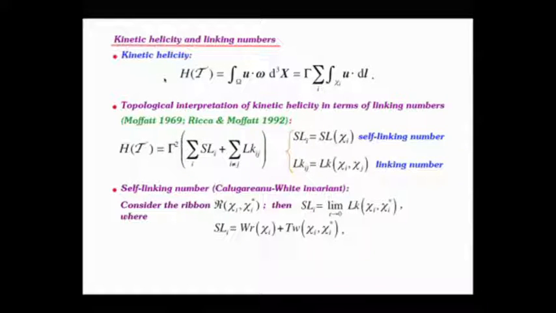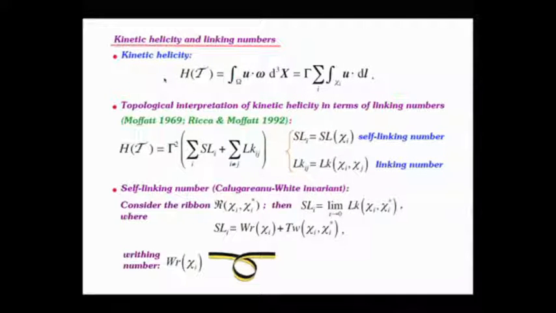Then you take the limiting form for the width of the ribbon going to 0, and you find this self-linking quantity, and Călugăreanu proved that this quantity is a topological quantity. As we saw, it can be decomposed into writhe and twist, and these also play an important role in fluid mechanics.